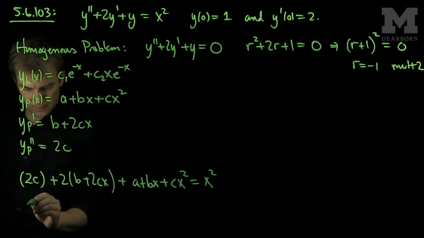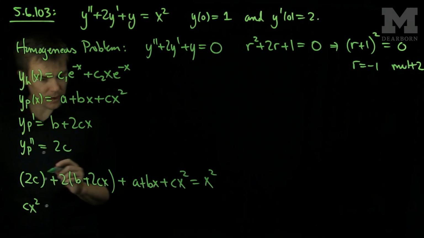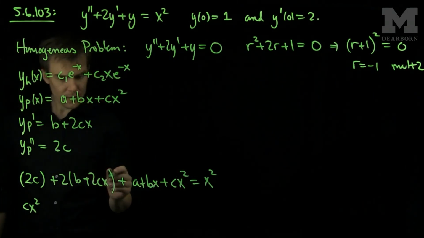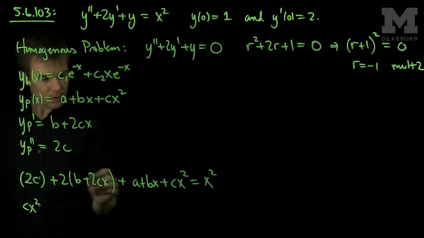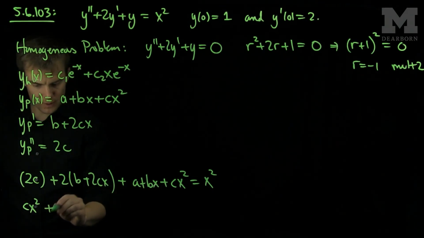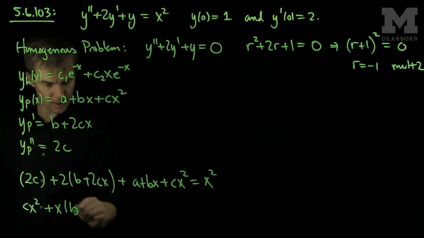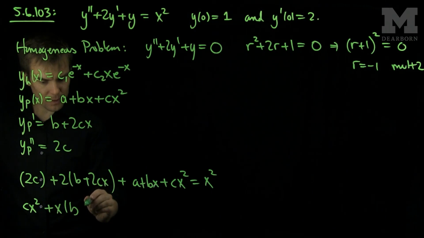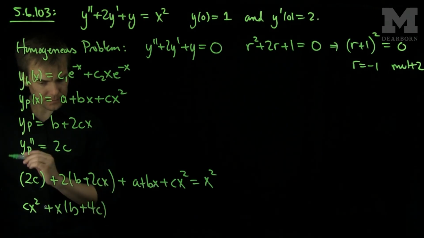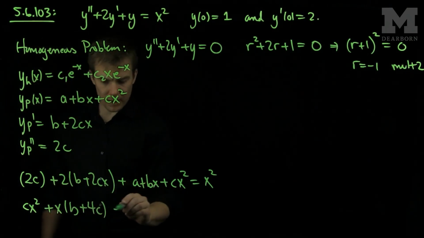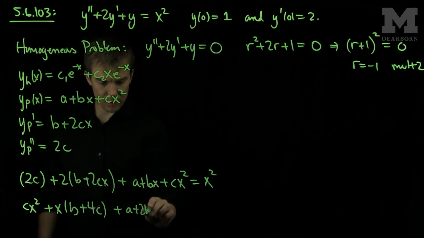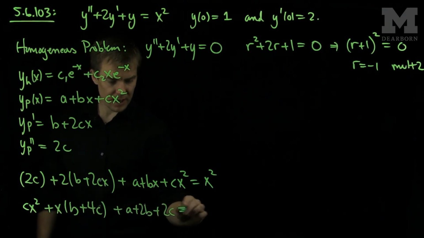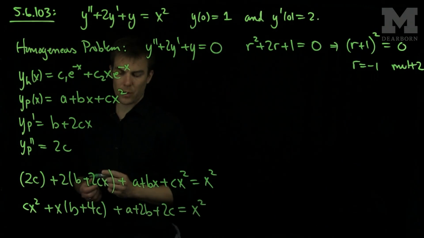I have a c x squared, that's the only term that has an x squared in it. I will have a b times x, and over here the x is multiplied by 4c. And the constant term will be a plus 2b plus 2c. I'd like this to be equal to x squared.